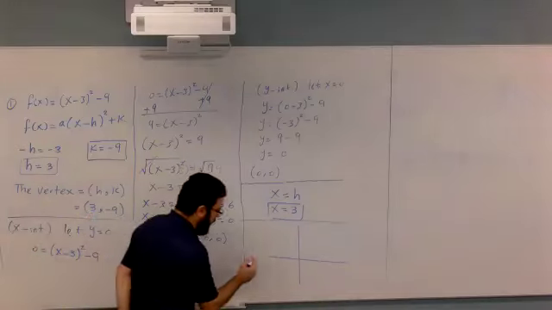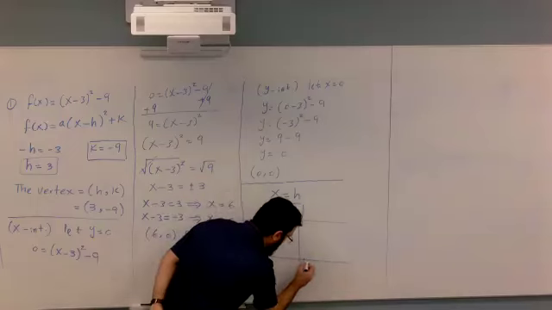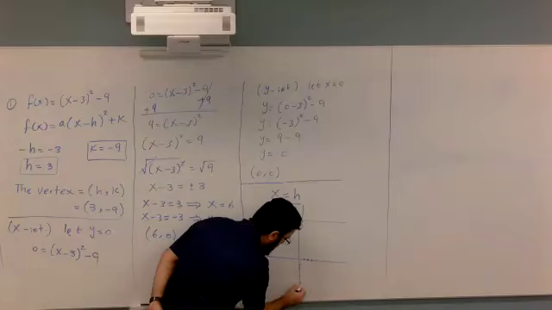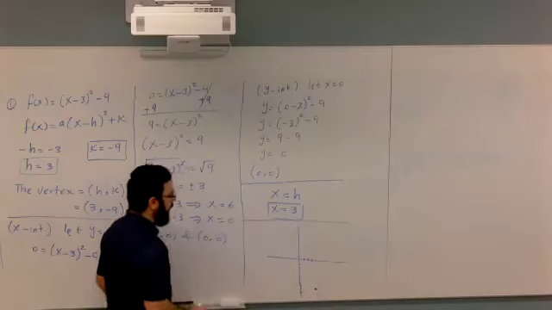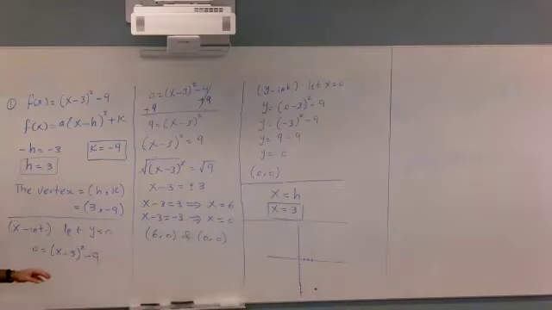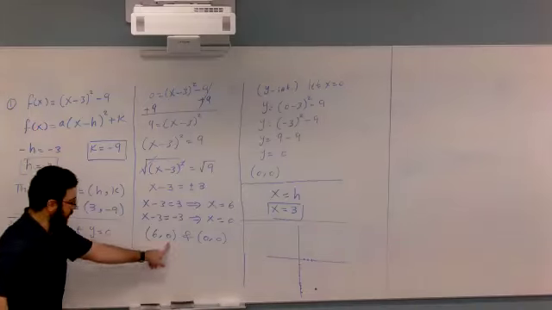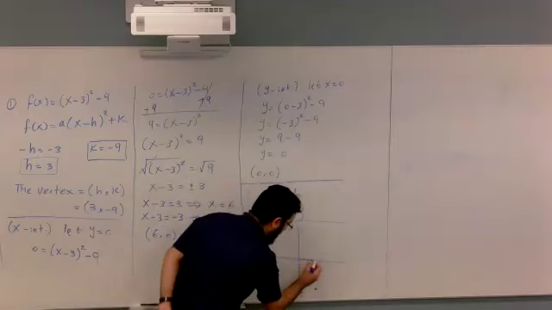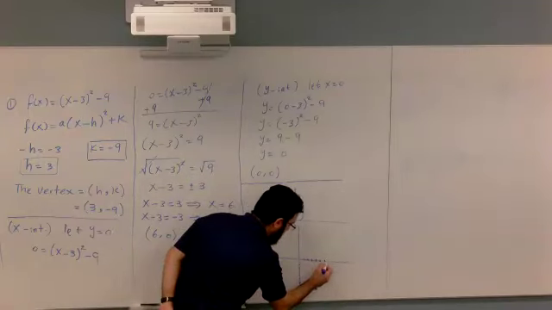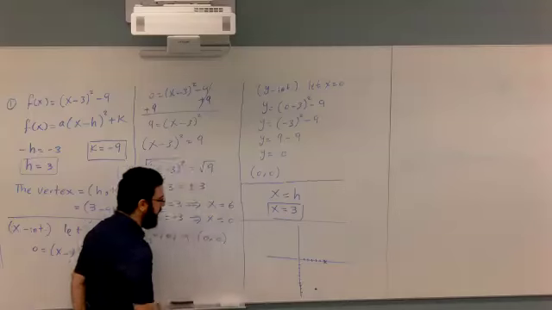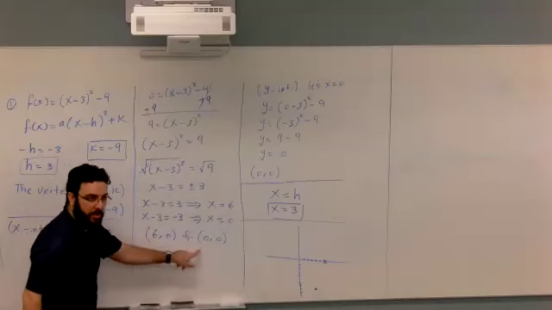So I'm going to graph this one. 3, 1, 2, 3, 1, 2, 3, 4, 5, 6, 7, 8. This is going to be our vertex. Now, where is the x-intercept? (6, 0), right? 1, 2, 3, 4, 5, 6. So this is the x-intercept, and the other one is (0, 0).